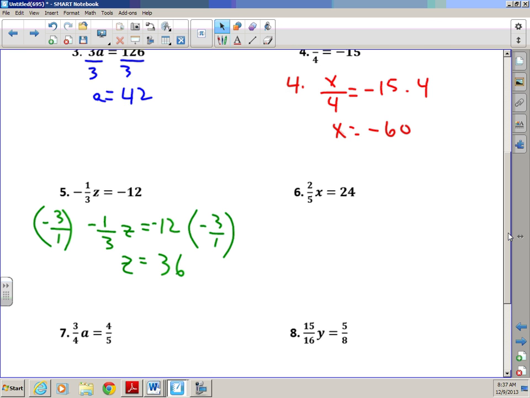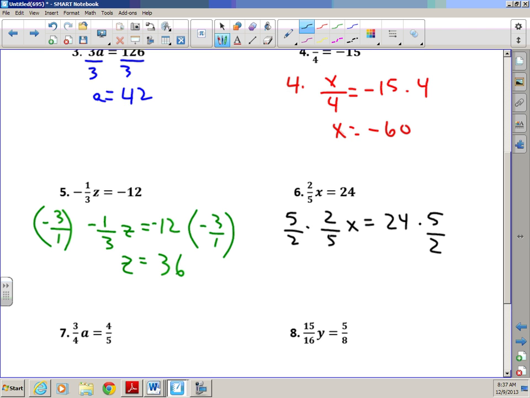Now, that same concept holds here. We're multiplying by 2/5 x, so we want to now multiply by 5/2, because 5/2 times 2/5, everything cancels to a 1. Okay, remember you can cross cancel here to make it easier, right?